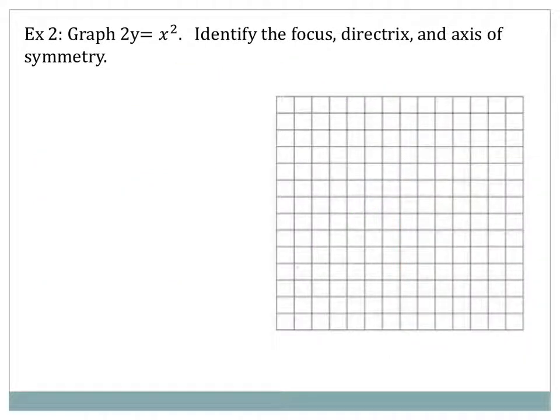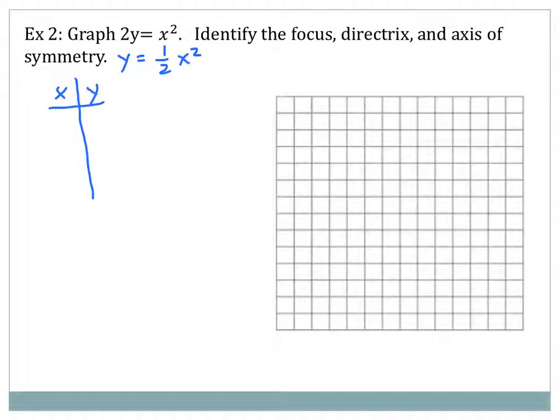Now in this problem, before you begin, what we have is this 2y here. I want to have the 2 on the other side, so I'm going to multiply by a half and actually have y equals 1/2 x squared. Now this is an upward facing parabola. I know this because my a is positive, and I'm going to make my t-chart.